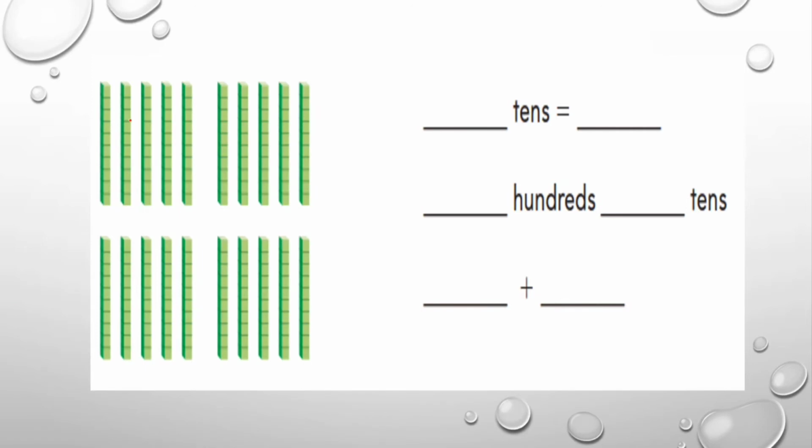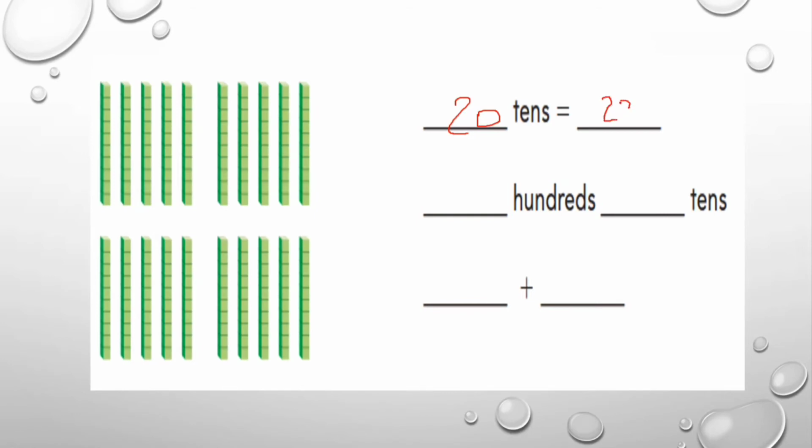1, 2, 3, 4, 5, 6, 7, 8, 9, 10, 11, 12, 13, 14, 15, 16, 17, 18, 19, 20. So here we have 20 tens, right? That's great. When we see the word tens, that means we will put 0 on the number.